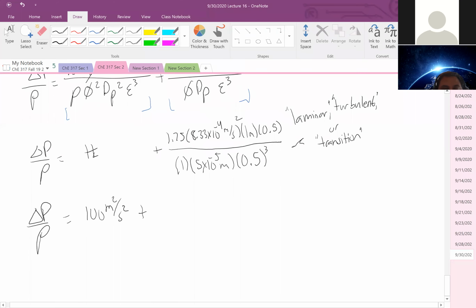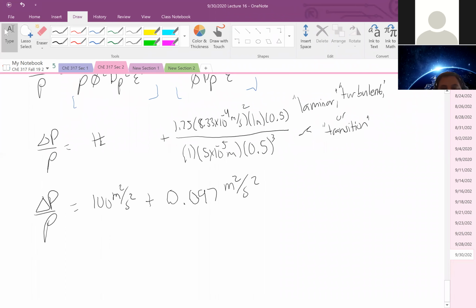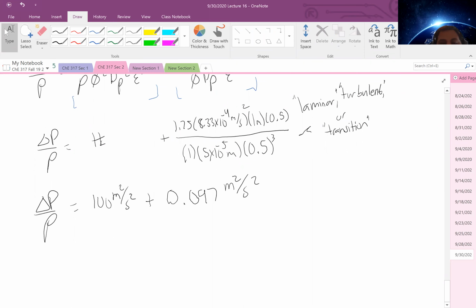I do that calculation, I get about 0.097 meters squared per second squared. So right about 0.1.